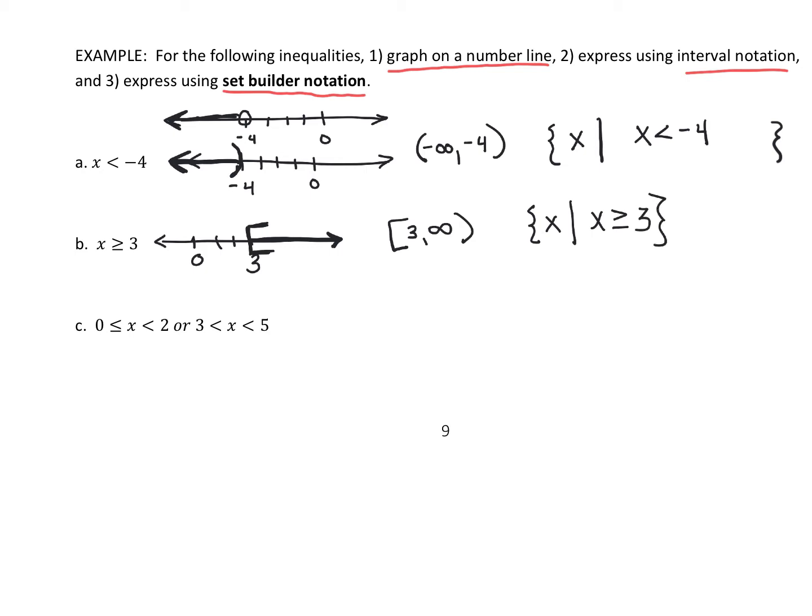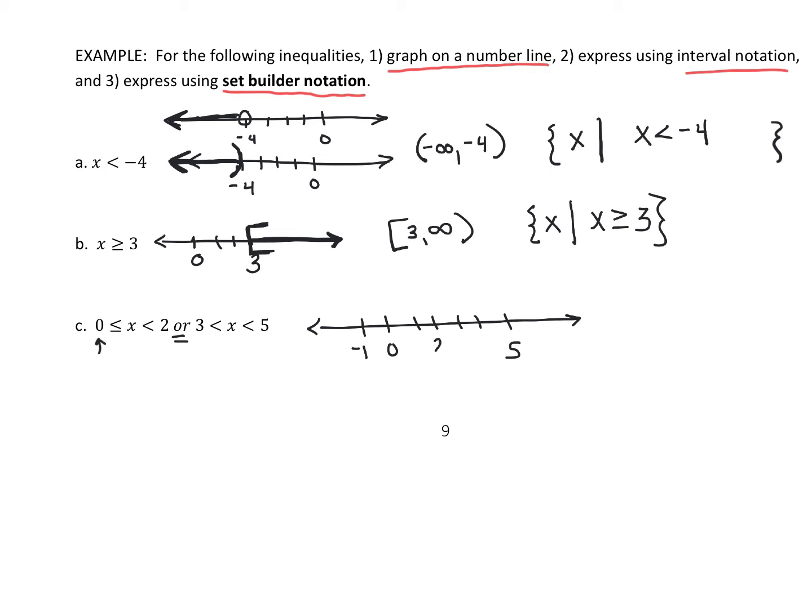Lastly, we have an or statement here. We want x to be between 0 and 2, including 0, or between 3 and 5. So on the number line, let's go from negative 1 to 5. We want to include the 0 and not include the 2.